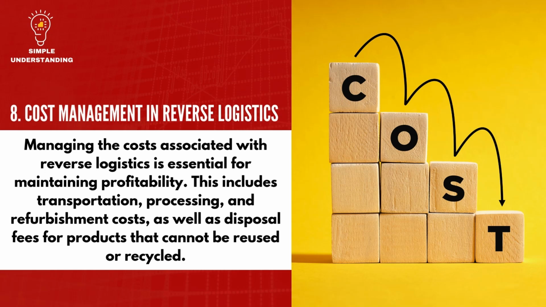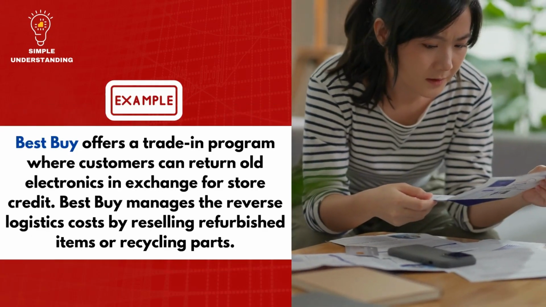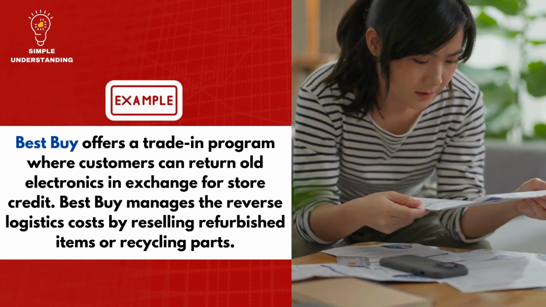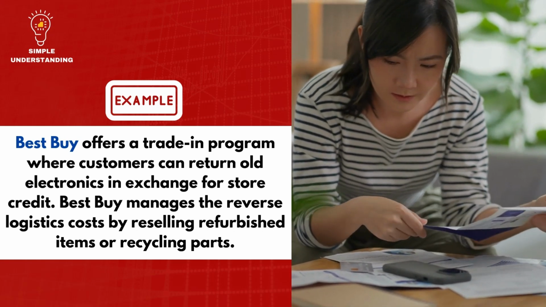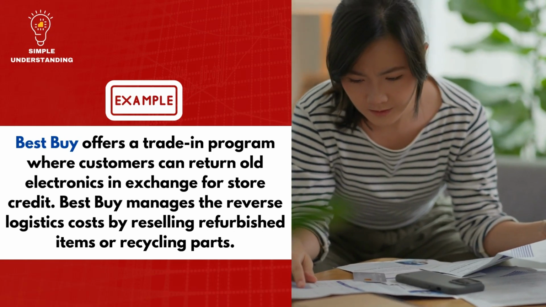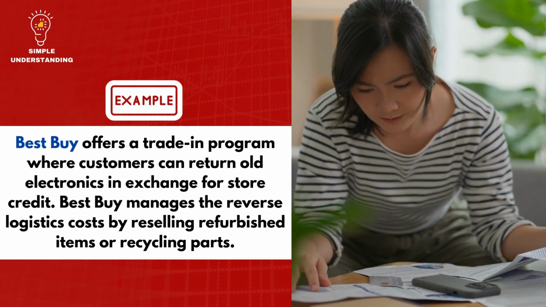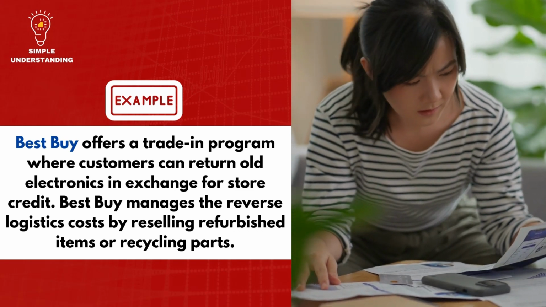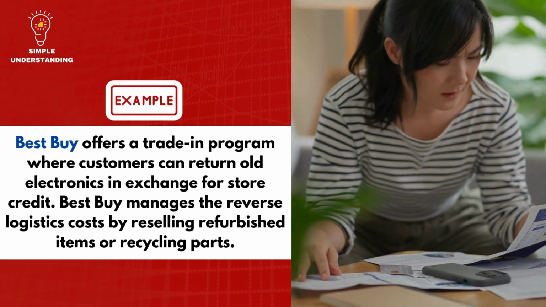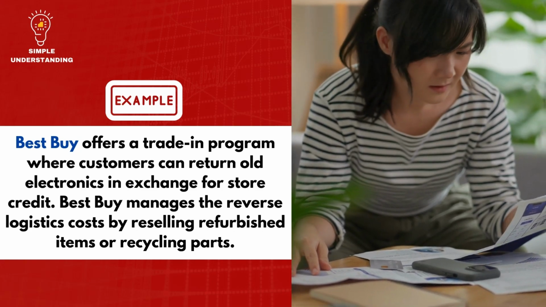This includes transportation, processing, and refurbishment costs, as well as disposal fees for products that cannot be reused or recycled. Real company example. Best Buy offers a trade-in program where customers can return old electronics in exchange for store credit. Best Buy manages the reverse logistics costs by reselling refurbished items or recycling parts.